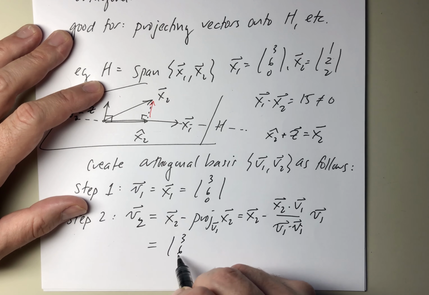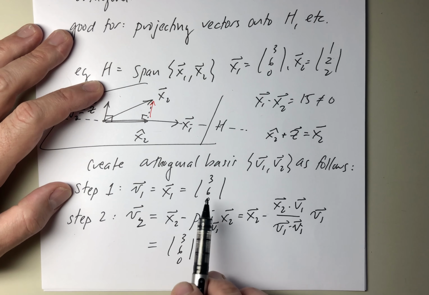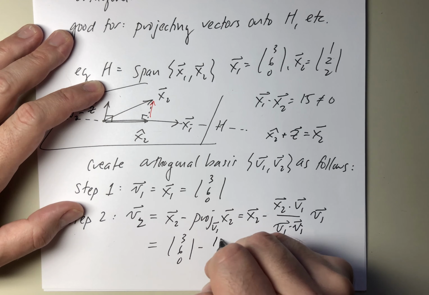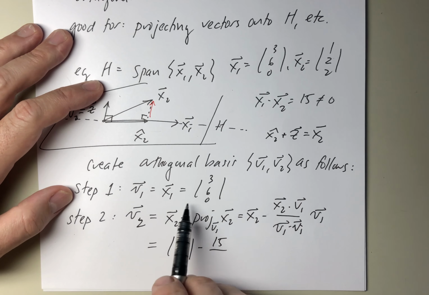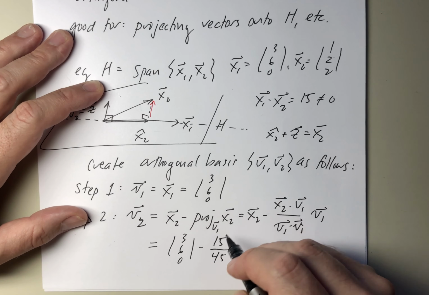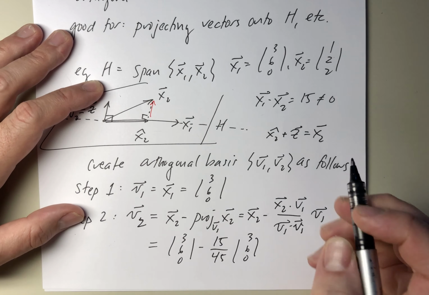This is (1, 2, 2) minus x2 dot v1, which is 3 plus 12, 15, divided by v1 dot v1, which is 9 plus 36, 45, times the vector v1, which is (3, 6, 0).